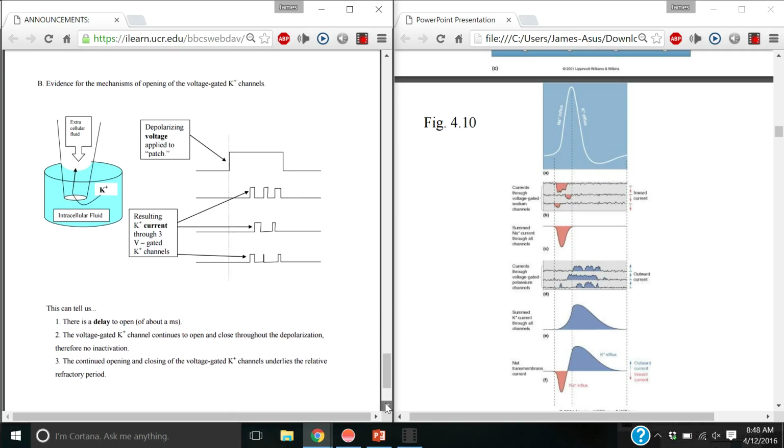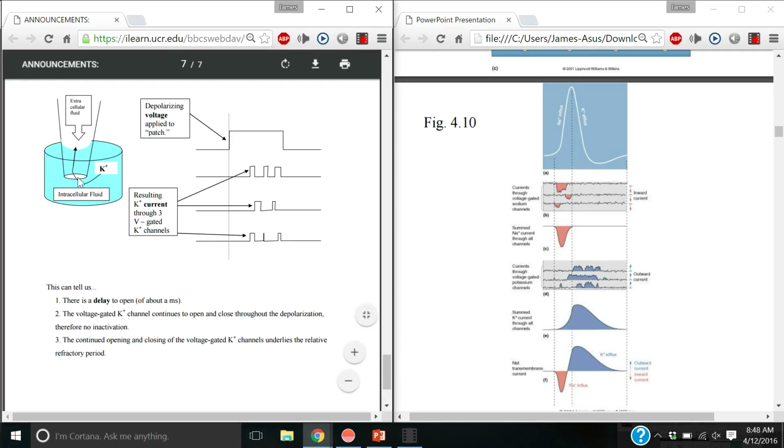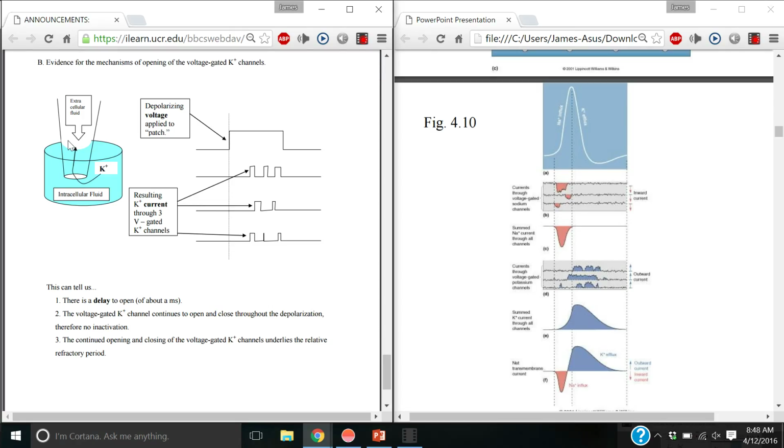It's very different. So basically, the technique you're applying is identical.